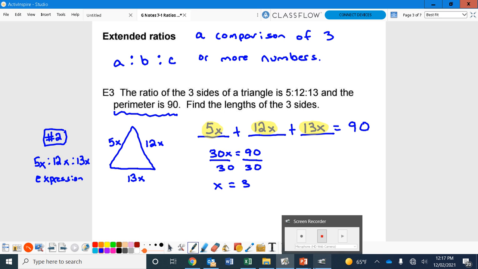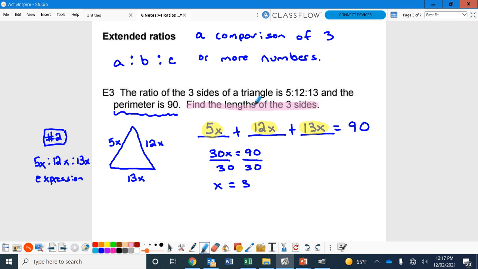Now, here's the problem. Someone's going to stop there and have that as their answer. Even though they've done everything right, they're not going to get the problem correct, because what it asks is for you to find the lengths of the 3 sides. How would I get the lengths of the 3 sides? Plug it back in. That's correct.